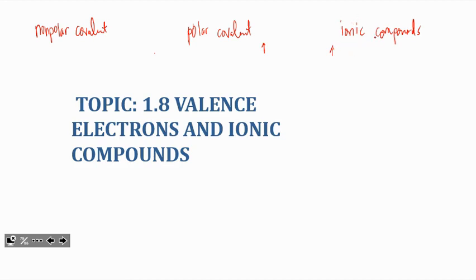Now, what characters do these have? Typically, these have very, very high melting and boiling points, like table salt, for example, as opposed to something like table sugar that would have a much lower melting point.